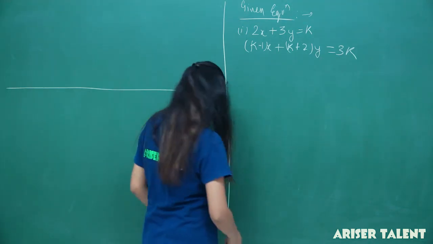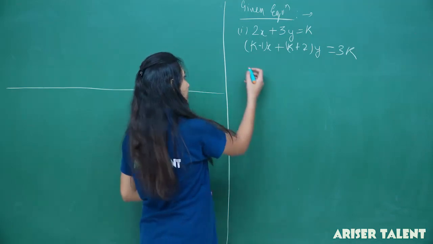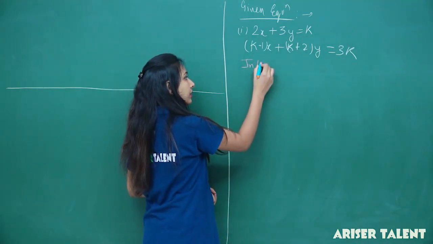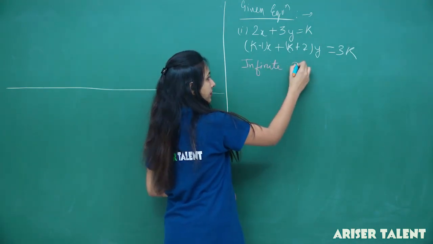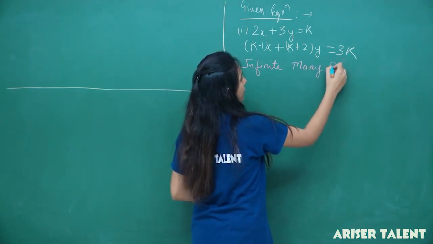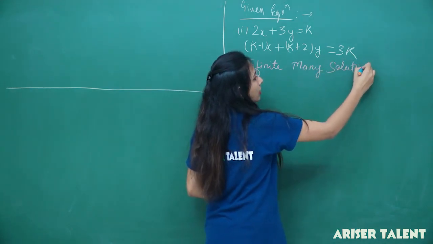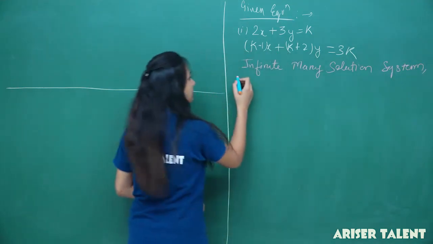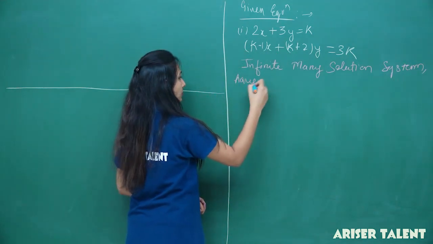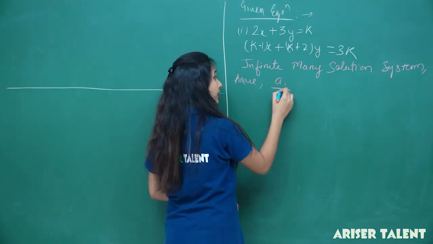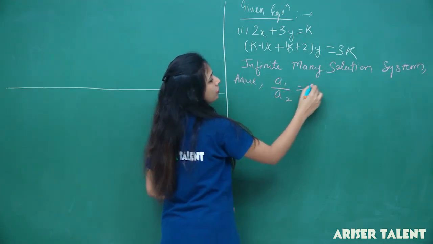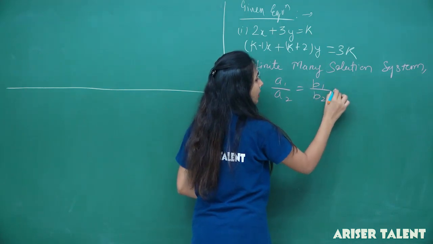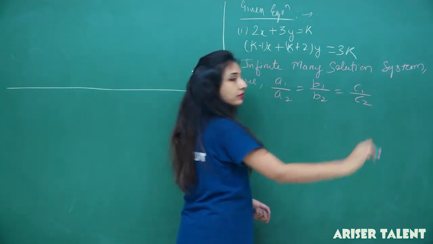So we know that a system with infinitely many solutions has A1 by A2 equals B1 by B2 equals C1 by C2.